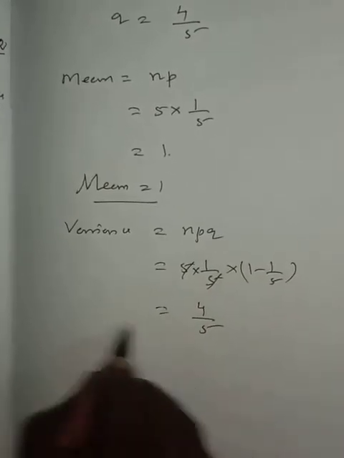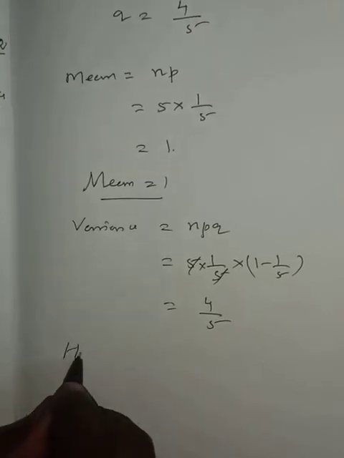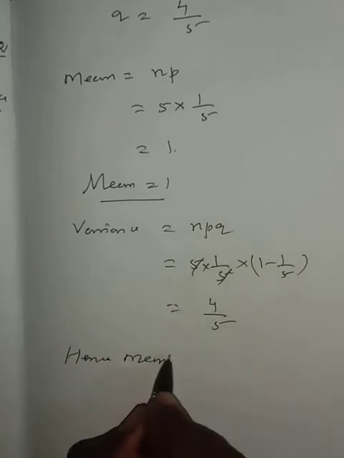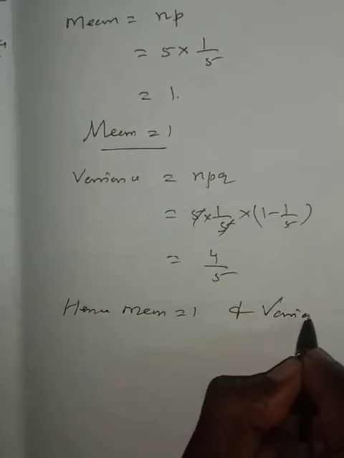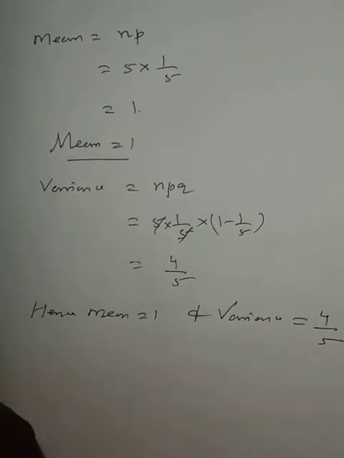The 5s cancel, so 4 by 5 is the variance. Hence the mean is equal to 1 and the variance is equal to 4 divided by 5.